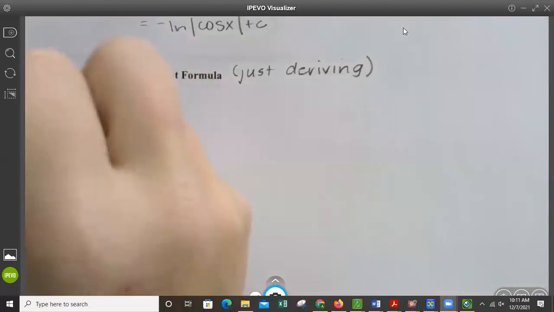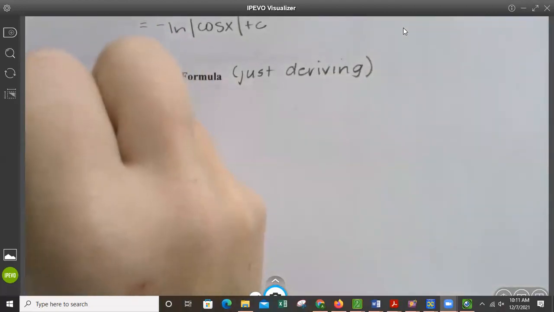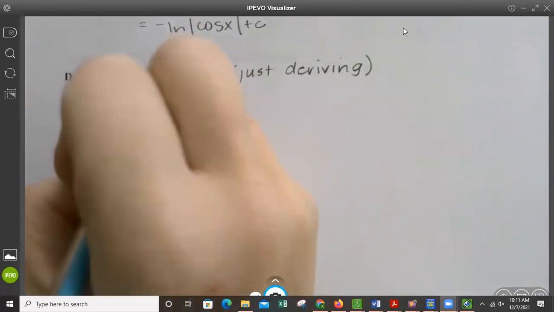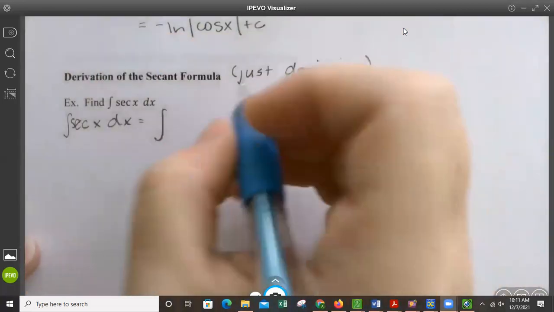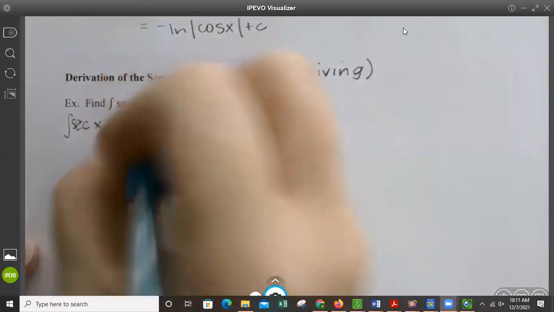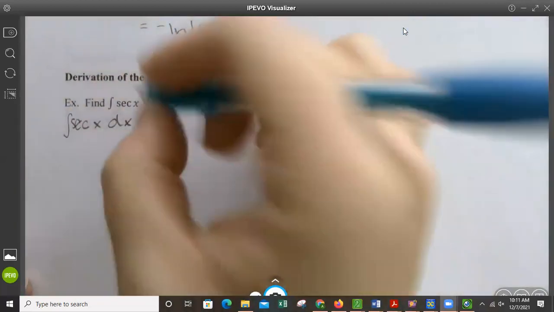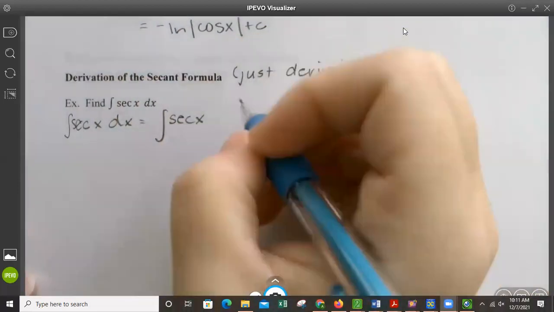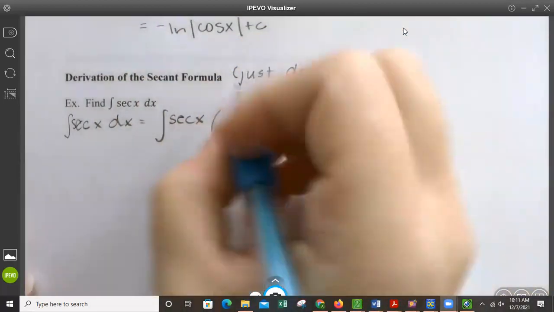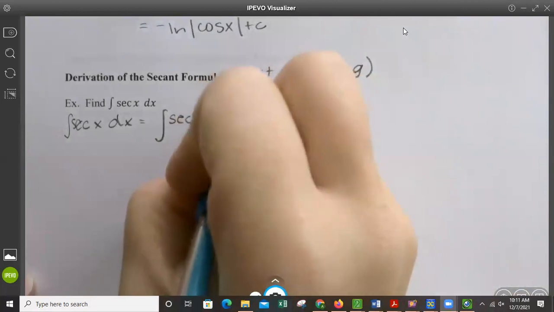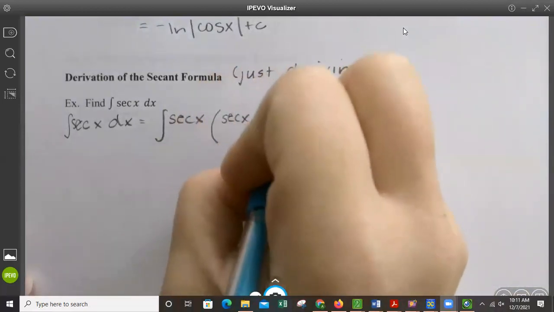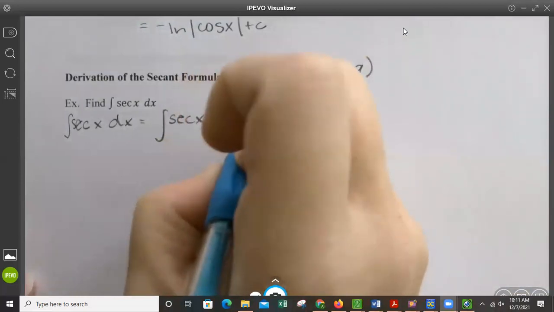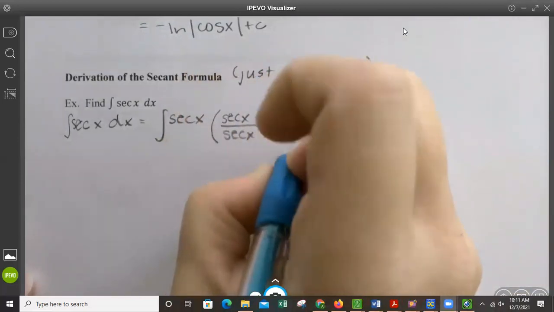So if we derive the integration of secant x dx, we can change it into, good gracious, secant x times secant x plus tan x over secant x plus tan x.